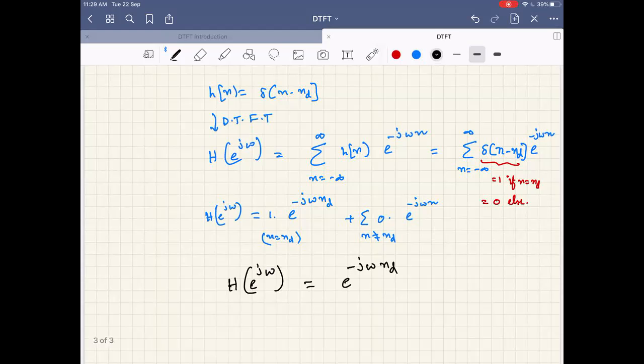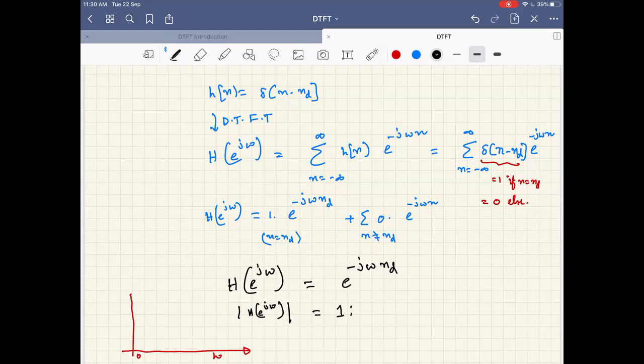So if I wish to sketch its spectrum, can one of you tell how its spectrum looks like? Let this be the x-axis with omega here, and I would like to sketch the spectrum. So what is the magnitude of h of e power j omega? Cos plus sine minus j sine, so root of cos square plus sine square. So it is 1.